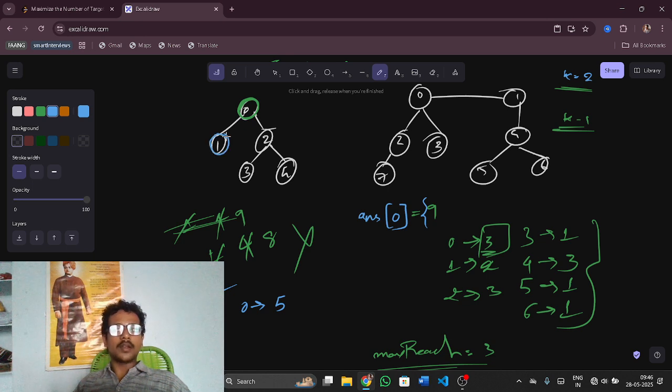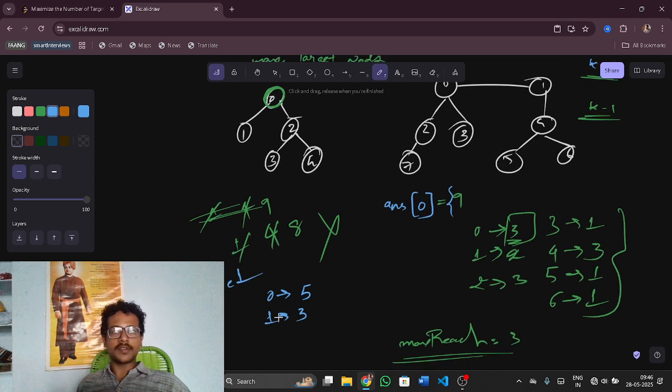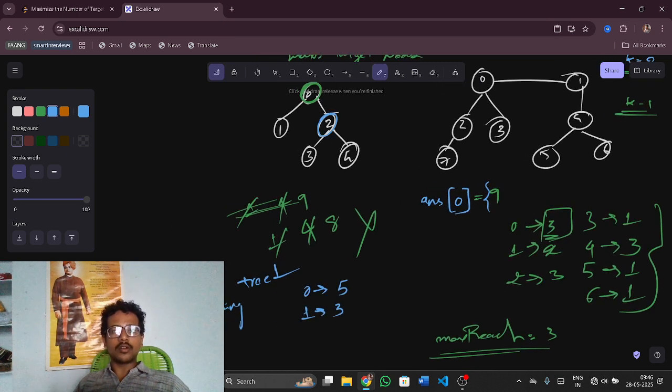Now for node 1, this is at a distance of 1, and then here another node which is at a distance of 2, 1, 2, 3, right? So for node 1 I got 3 nodes. Now for node 2 I got 1 node, and at a distance of 1 I got just 3 nodes. 1 plus 3 is 4, and then I got another node, so 5. So for node 2 I got 5 nodes totally.